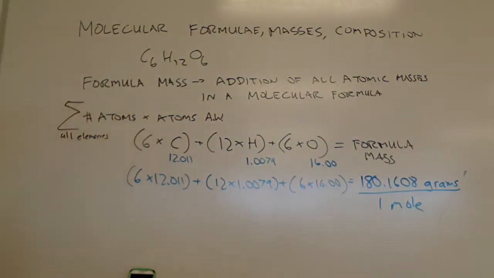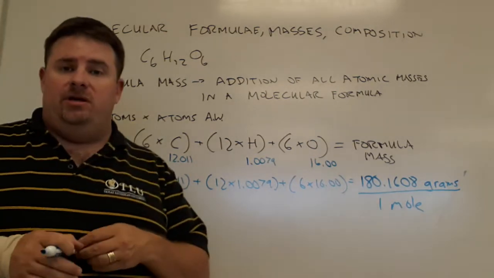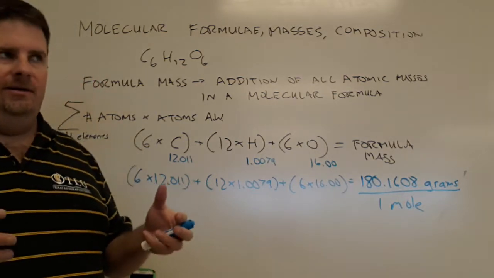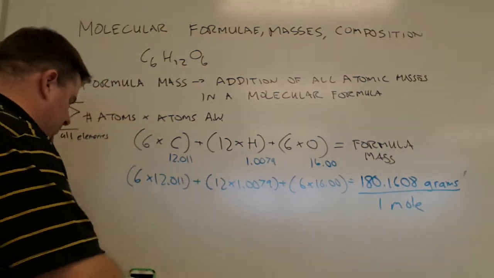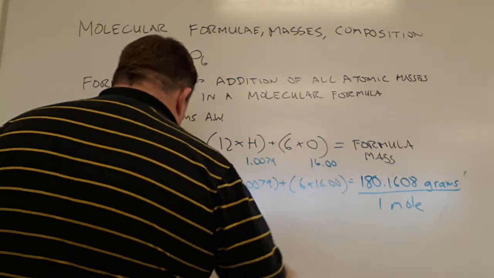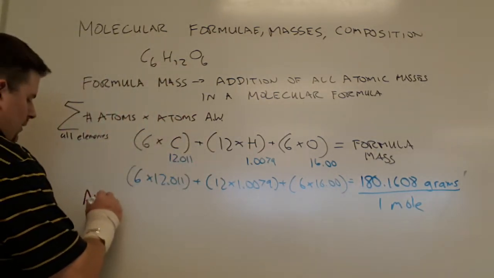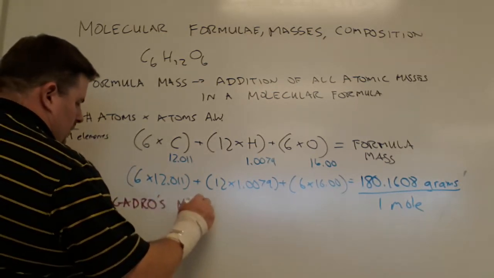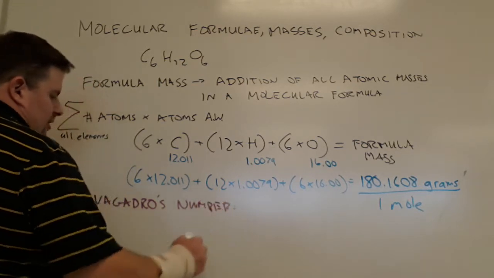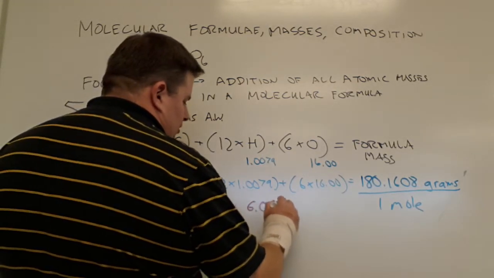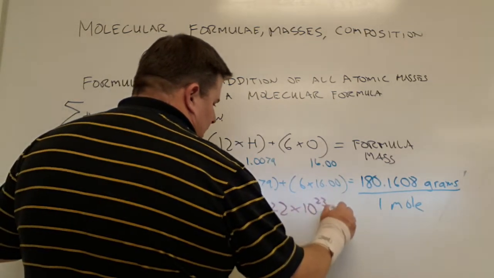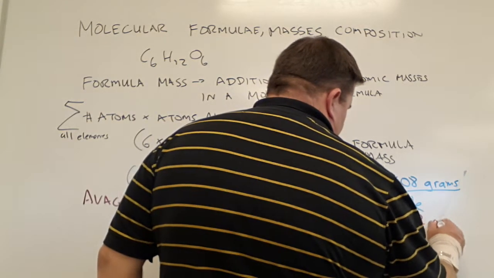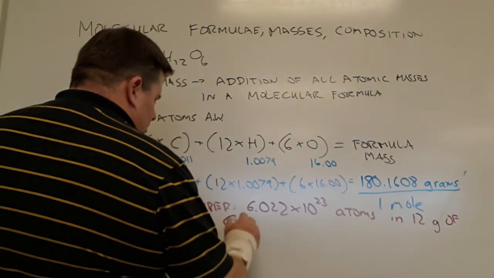Now, what is a mole, you say? A mole is a defined amount of atoms inside of a certain unit, and it was defined by Avogadro. Avogadro's number states that there are 6.022 times 10 to the 23rd atoms in 12 grams of carbon-12.